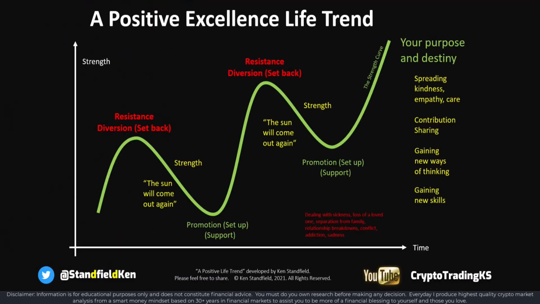If you're going through a life pullback, and there's so many people in our global family who are, please know that our global family's love and healing thoughts are with you. 16,000 people, 16,000 eagles spread right across this globe, sending you strength and love. The sun will come out again, and it's so important to keep positive as you're going through resistance in life and setbacks as well.